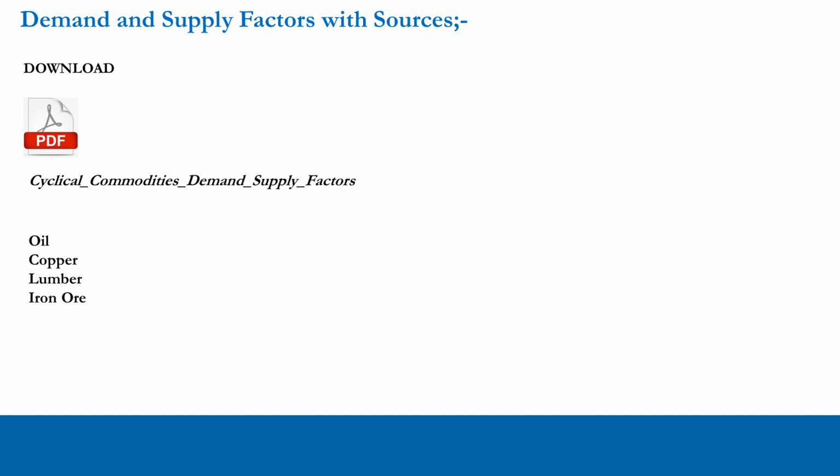So you can essentially, at any one moment in time, analyze those factors and gauge whether demand factors are outstripping supply factors for the commodity price move. So this is going to be a useful resource for you going forward. So when you see a cyclical commodity price move, you can use the resource and determine whether it's a demand-led move or a supply-led move.